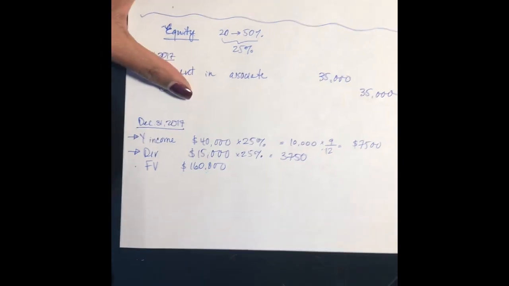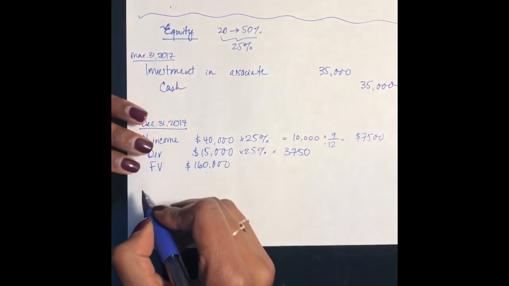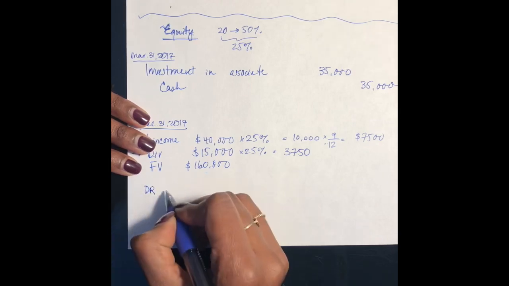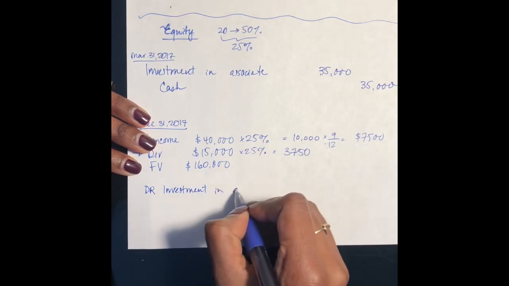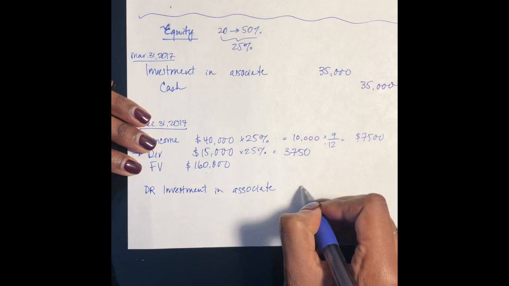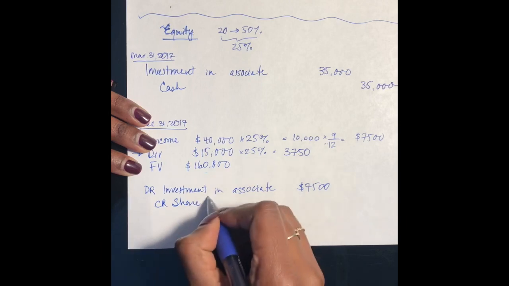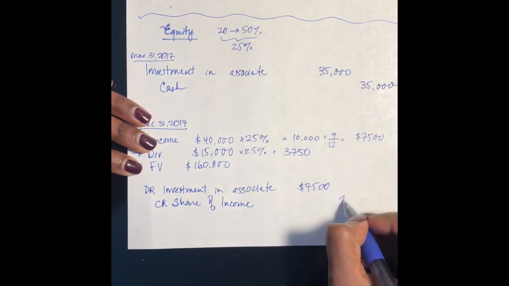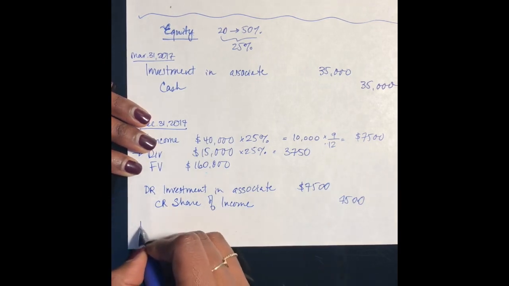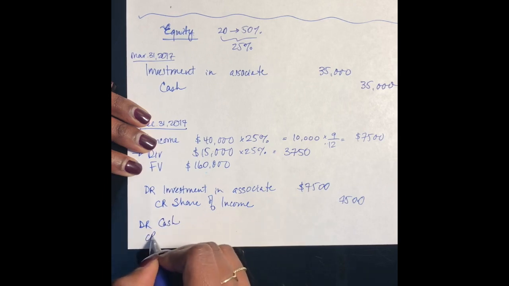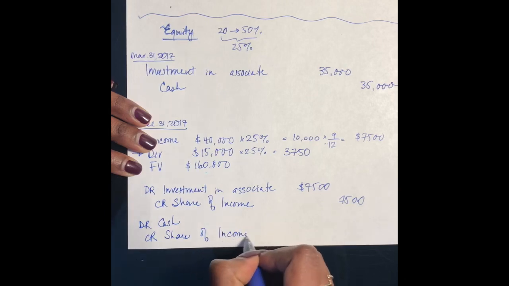So now let's just book the entry. This is the final entry that we have to book. So to book the share of income from company Y, you're going to debit your investment in associate. That's 7,500, and you're going to credit share of income 7,500. And finally, for the dividend, you're going to debit cash, and you're going to credit share of income.